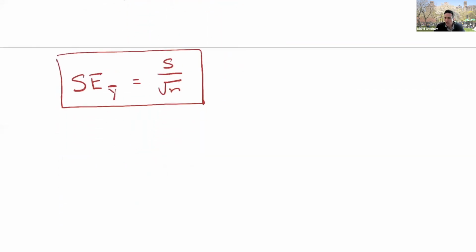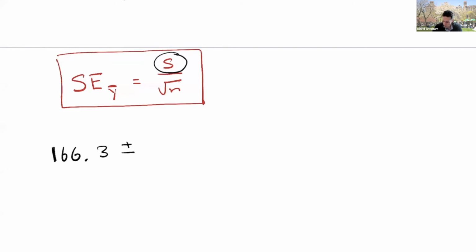So when we, as statisticians, report our estimate of the population mean from the sample, we're going to say that we have an estimate of 166.3 centimeters plus or minus the standard deviation.